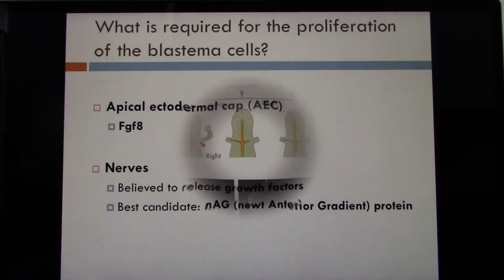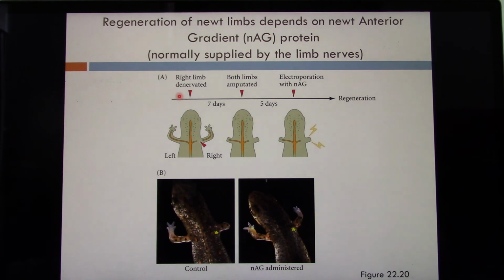And so they tested this by cutting some newt limbs off. So regeneration of newt limbs depends on newt anterior gradient protein. That's their conclusion. Here's the experiment they did that proves that. And this is normally supplied by the limb nerves, so that explains why they did what they did.